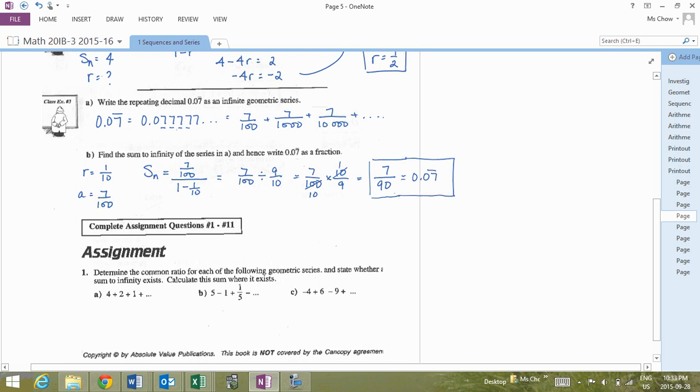And you can check that, of course, by entering 0.07 repeating into your graphing calculator with a whole bunch of sevens and using your math button to convert it back into the fraction, or take 7/90ths and say 7 divided by 90, and that will, of course, equal 0.07 repeating. Excellent.